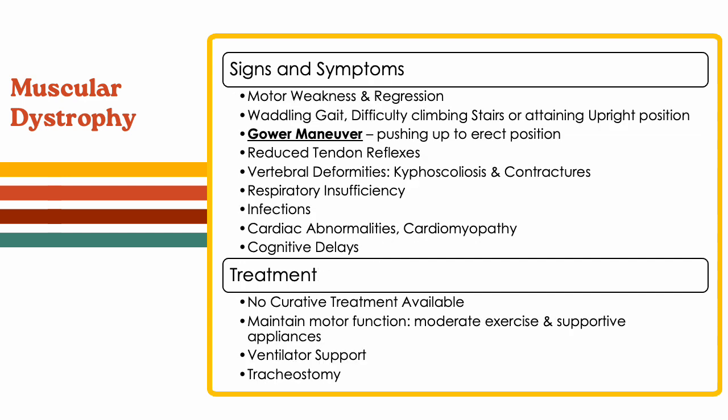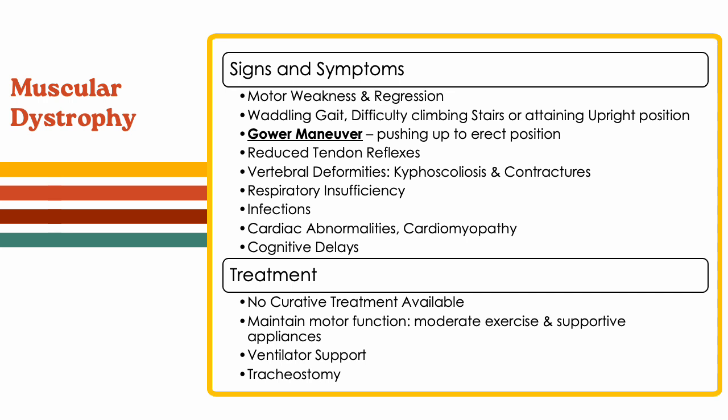As far as signs and symptoms, of course, you'll have some motor weakness and regression. You'll have difficulty climbing stairs, waddling gait. You would have to do the Gowers maneuver, which would be pushing up to an erect position. You would have reduced tendon reflexes, and when we talk about those tendon reflexes, that's deep tendon reflexes that they're referring to.